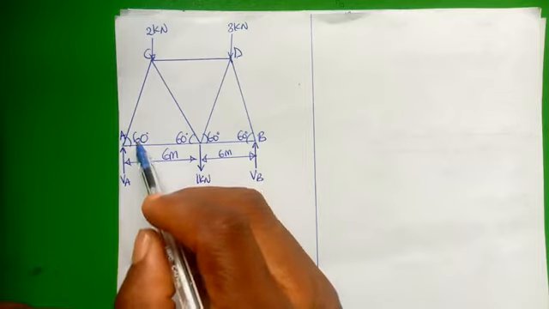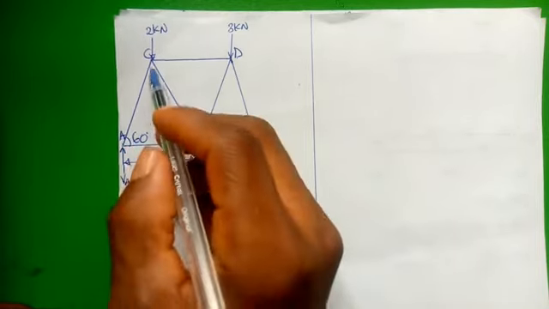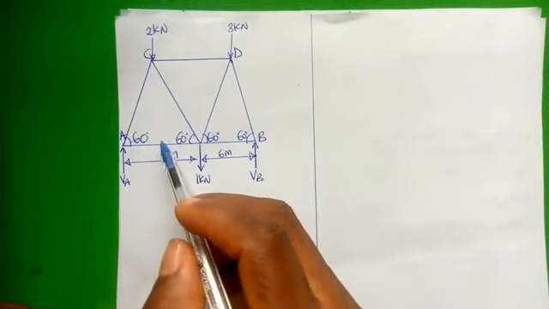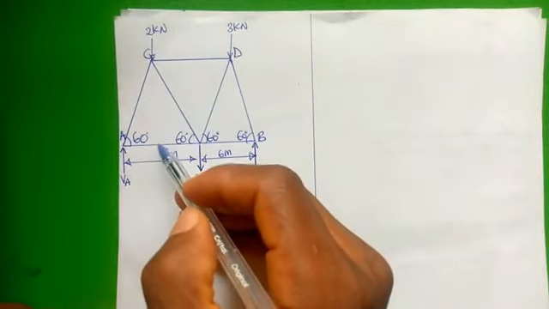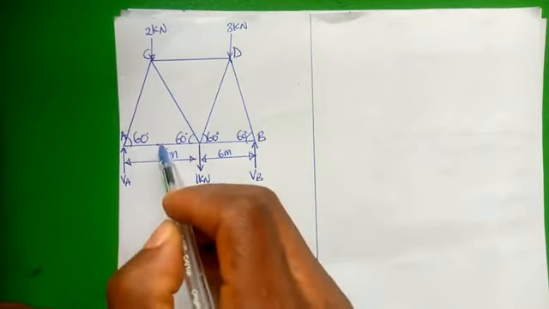Looking at this figure, you see that this is 60 degrees, this is 60 degrees, therefore this place is 60 degrees, sum of angle in a triangle. So that makes this an equilateral triangle. And since it is equilateral triangle, if a line is drawn from here, it will be exactly at half the distance of this 6 meter, which is 3 meter, 3 meter.